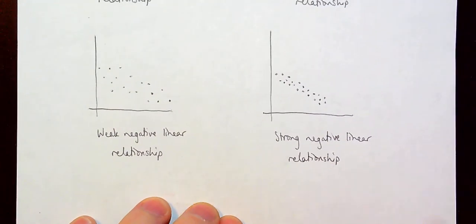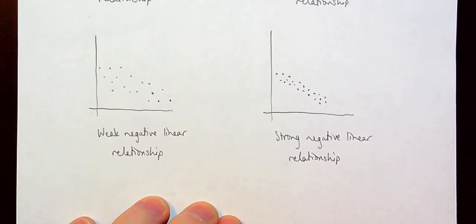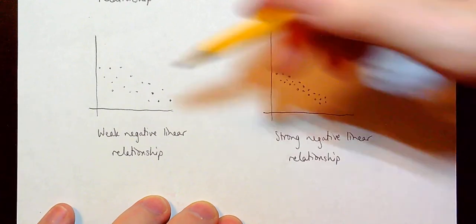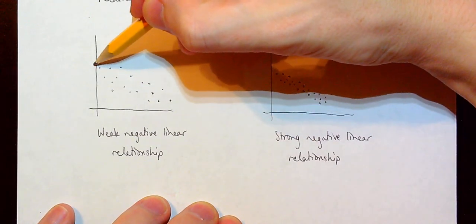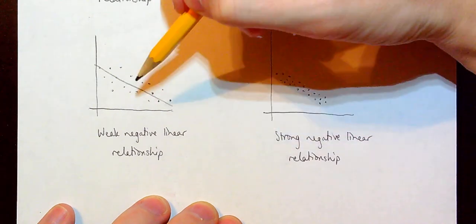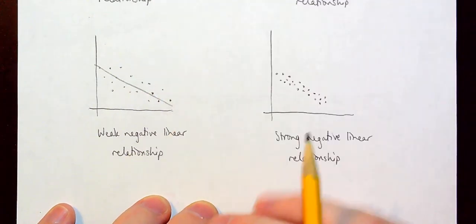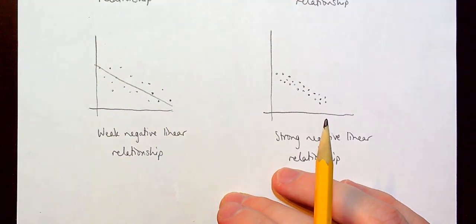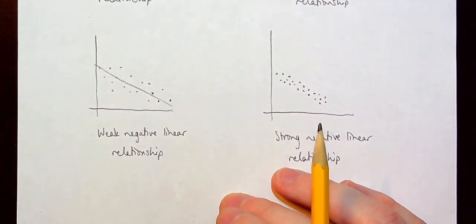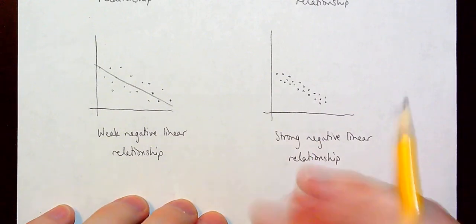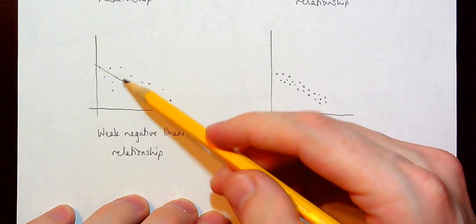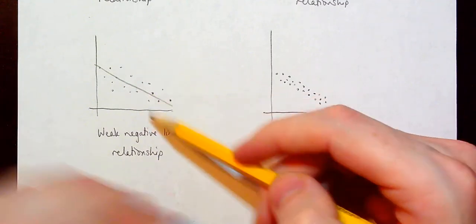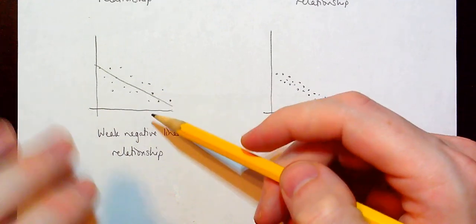The bottom two here are examples of negative linear relationships. The one at the left here is an example of a weak negative linear relationship. The line that's going to sort of best fit these data points, and we'll get back to this idea of a best fit line in just a little bit, we see that these data points are perhaps not super far off from where this line is, but they're kind of far off.